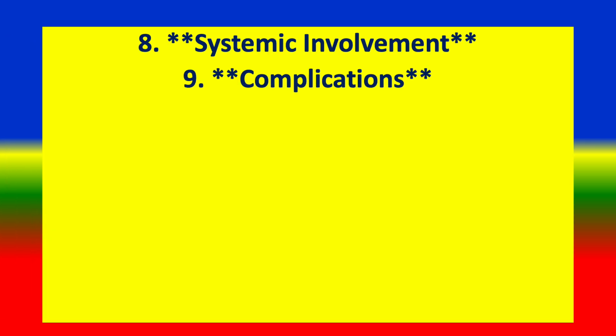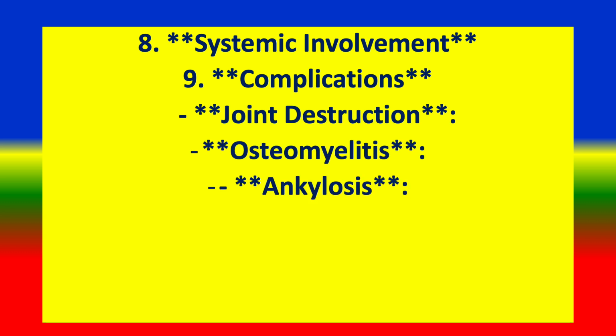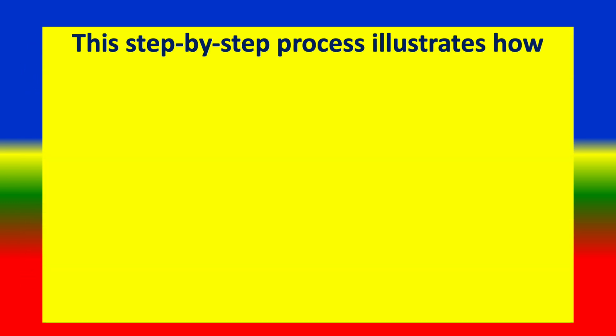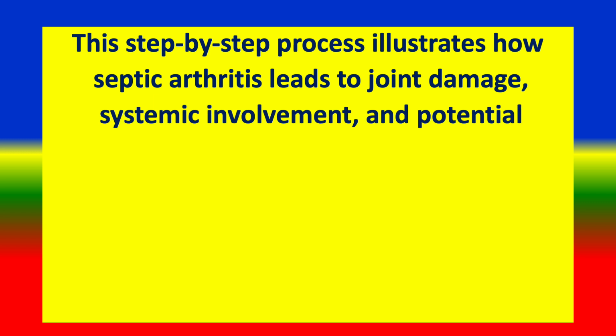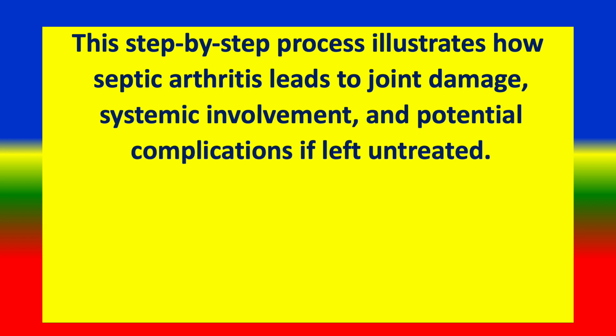Systemic involvement. 9. Complications: joint destruction, osteomyelitis, ankylosis. This step-by-step process illustrates how septic arthritis leads to joint damage, systemic involvement, and potential complications if left untreated.